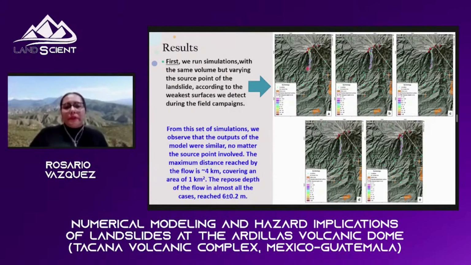First, in these maps, we can see the outcomes from the first series of simulations, where we decided to use the same input volume, which was 100,000 cubic meters, and we vary, as we can see here, the input source.